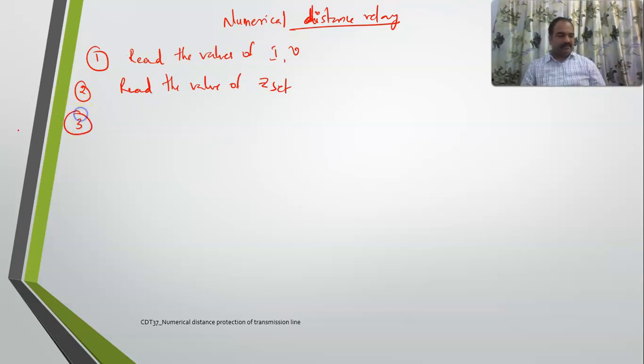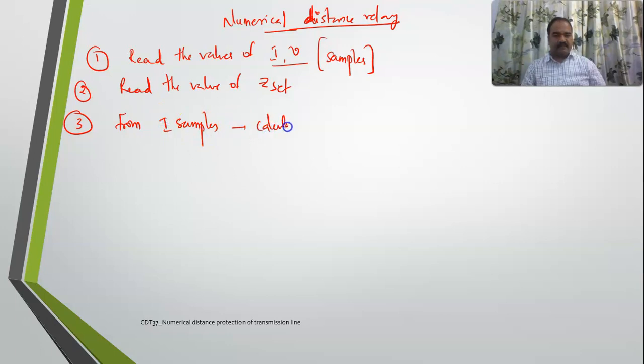Once you have these values, these will be samples. You will be getting a large number of samples, in particular in the case of a numerical relay. Your ADC converters will be giving you a large number of samples. From the I samples, you calculate the fundamental components.